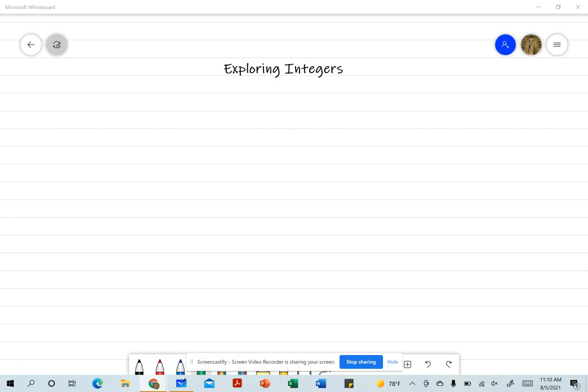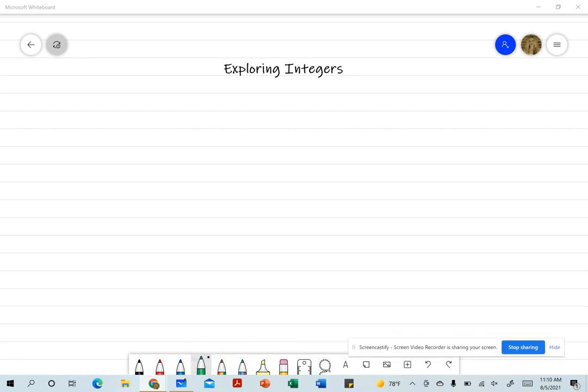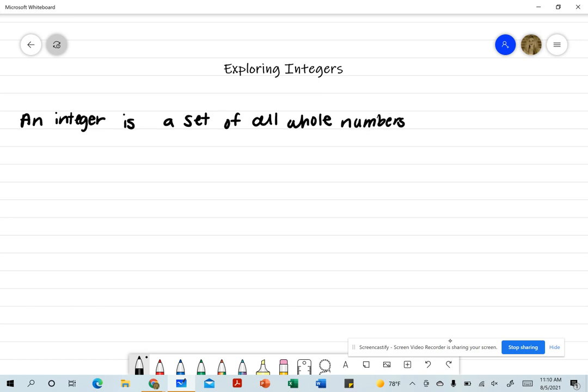So what we learned is an integer is a set of all whole numbers and their opposites. That's our definition in this class. It's a set of all whole numbers and their opposites.